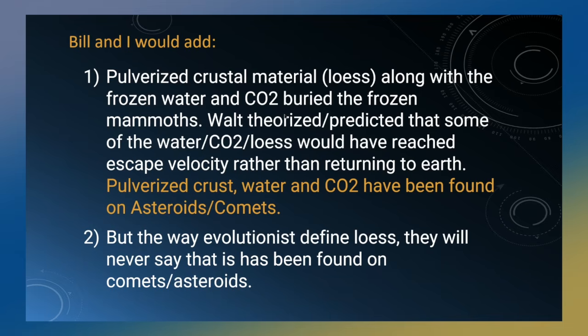But the way the evolutionists define LERS, they will never say that it has been found on comets and asteroids, but it actually has. And the other thing that was so surprising to the astronomers when they did impact missions on asteroids or comets, like the Temple 1, I think it was a $1 billion mission, went to shoot a copper slug at the Temple 1 asteroid.